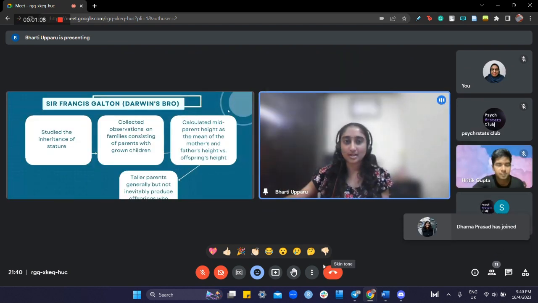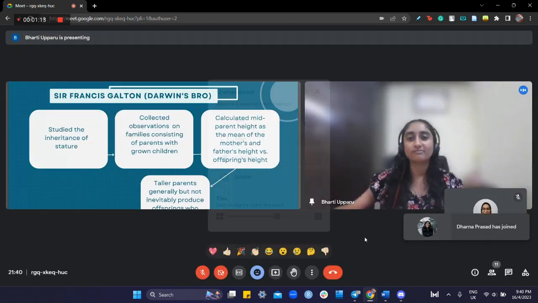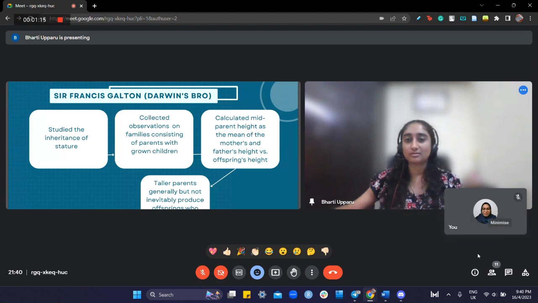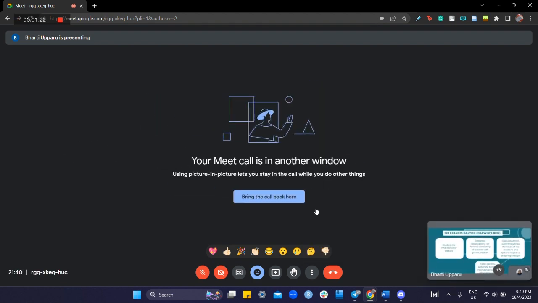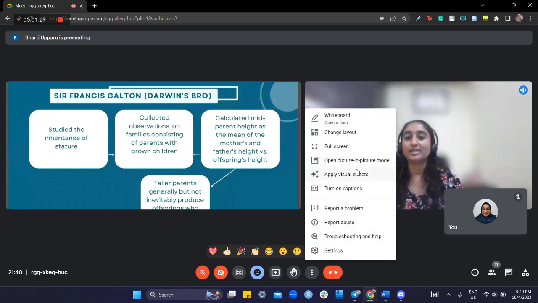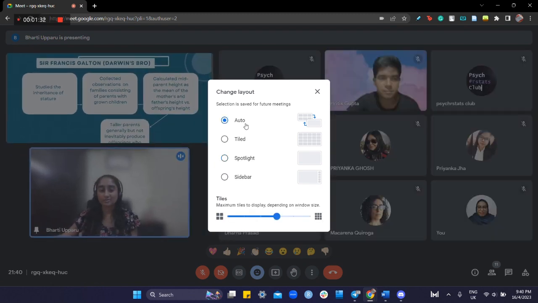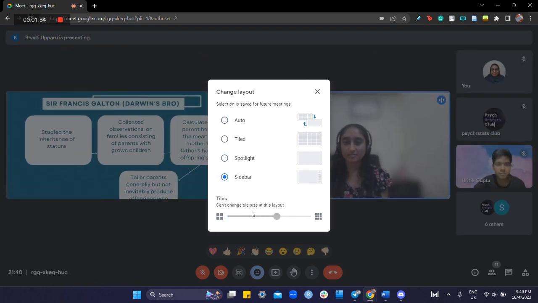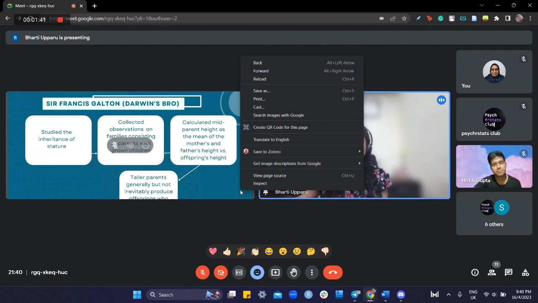We will start with an experiment that was conducted by Sir Francis Galton. He was the cousin of Charles Darwin. Inspired by what Darwin was doing, Francis started studying the inheritance of stature. Stature is height. To study it, Galton collected observations from families consisting of parents with grown children.